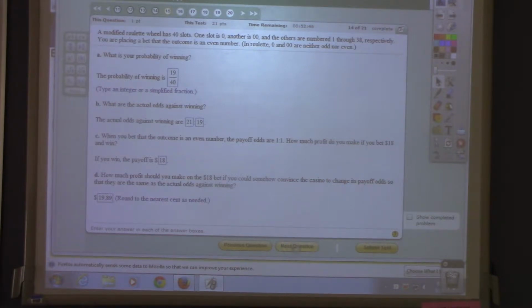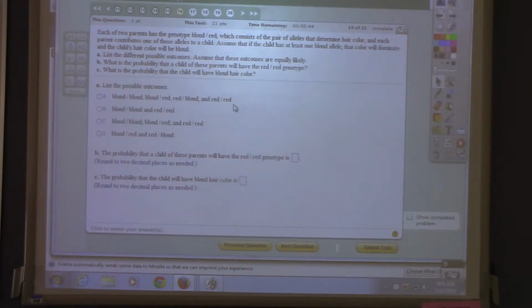Next question. Each of two parents has the genotype blonde/red, which consists of the pair of alleles that determine hair color, and each parent contributes one of those alleles to a child.